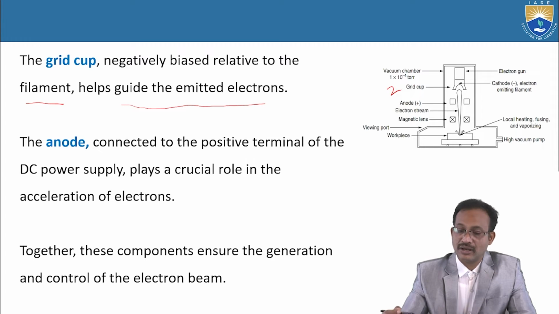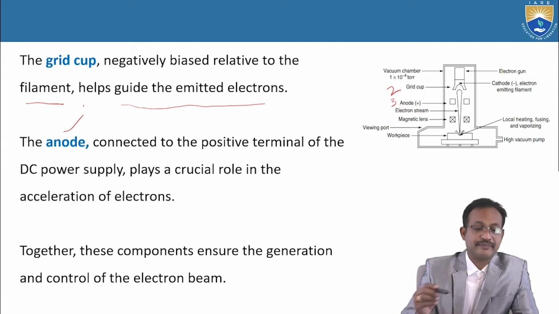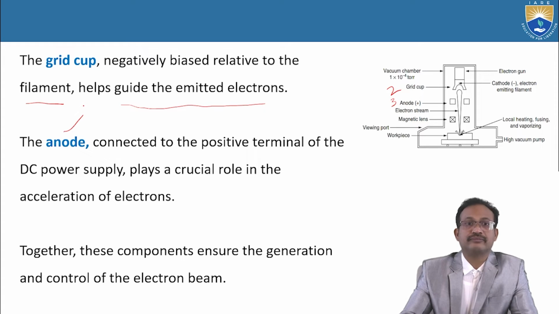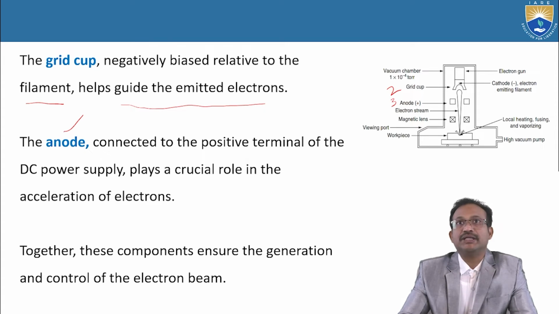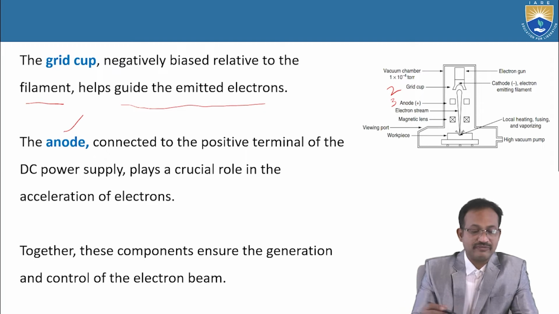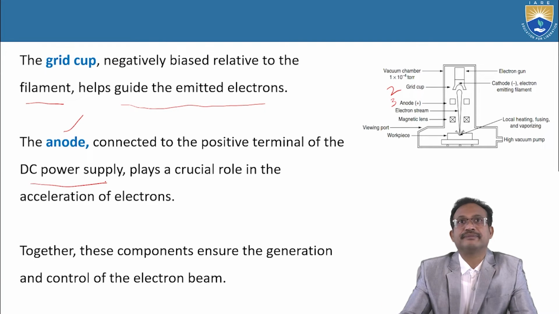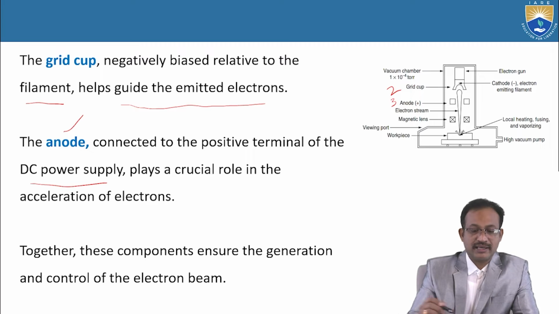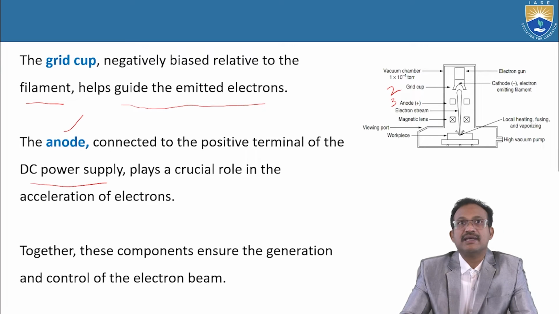Okay, now the third one, anode. The anode, connected to the positive terminal of the DC power supply, plays a crucial role in the acceleration of electrons.